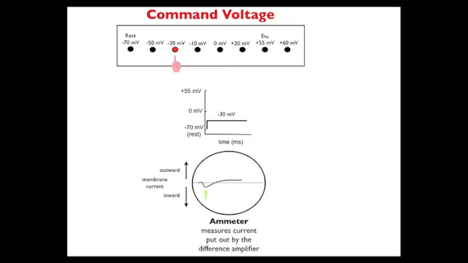So the membrane is clamped at minus 30 millivolts, the current record is obtained, and then the peak sodium conductance is calculated from the simple equation: the peak sodium conductance is equal to the peak sodium current divided by the driving force, which is minus 85 millivolts in this case, and the peak potassium conductance is equal to the peak potassium current divided by its driving force of plus 45 millivolts.